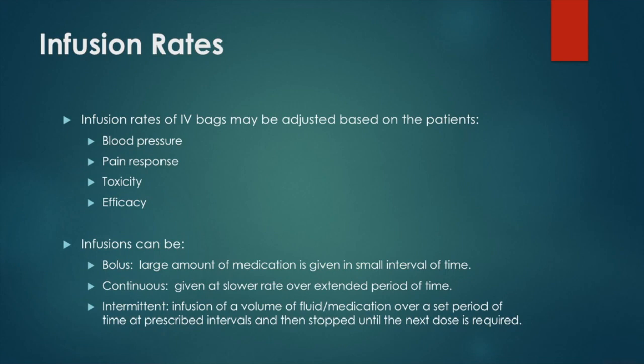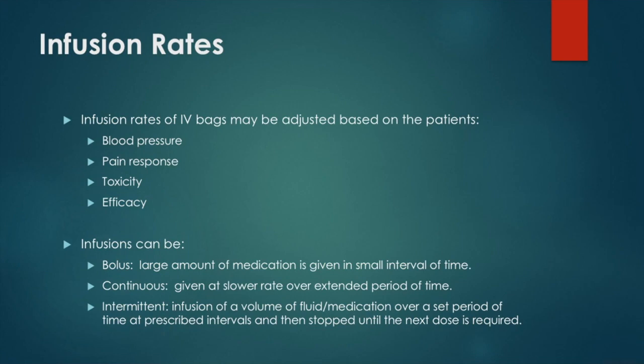If not, then we will give the patient more medication by increasing the infusion rate, by increasing the amount of medication the patient would get over a period of time. Or toxicity or efficacy. That's one of the benefits, and that's something we can't do with oral medications usually, right? You can't titrate how much the patient is getting right there in order to change the effect.